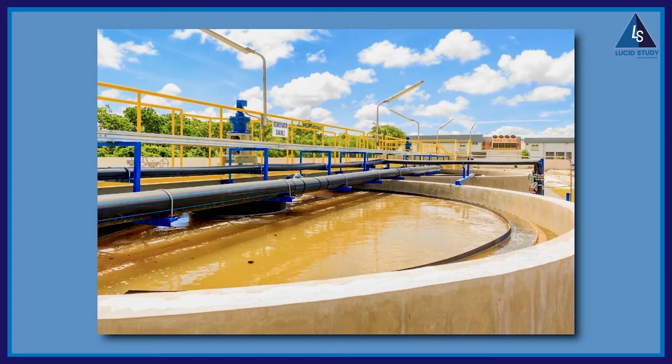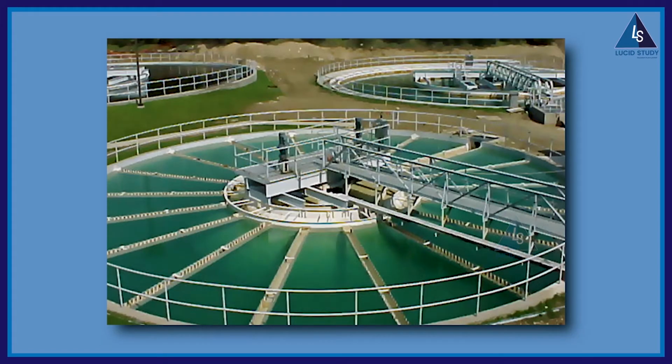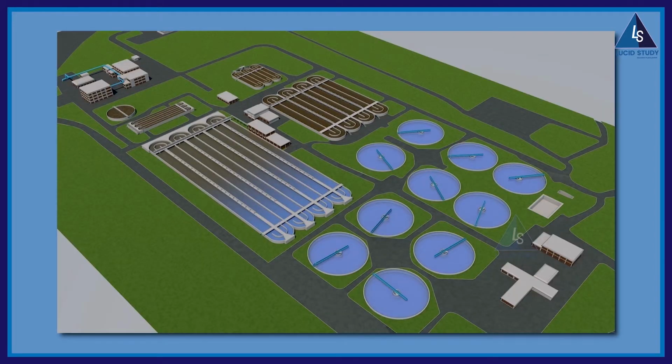During this digestion, bacteria produce a mixture of gases such as methane, hydrogen sulfide and carbon dioxide. These gases form biogas, which can be used as a source of energy as it is inflammable. The effluent from the secondary treatment plant is generally released into natural water bodies like rivers and streams. An aerial view of such a plant is shown on the screen.